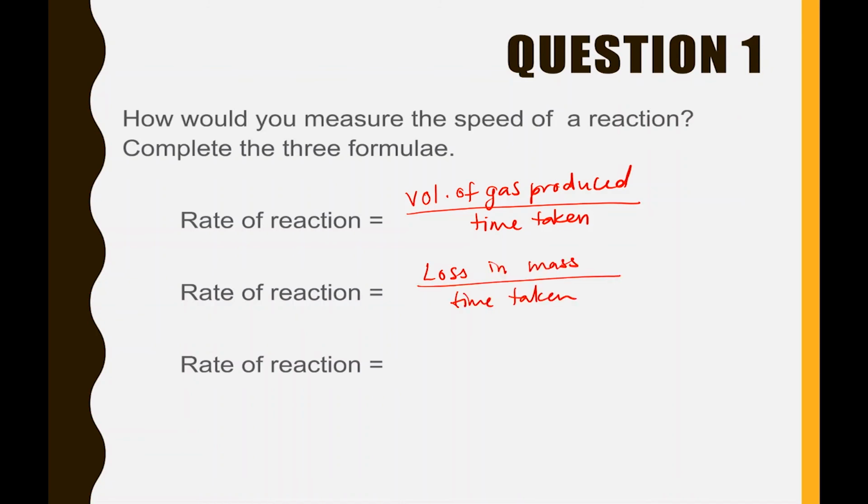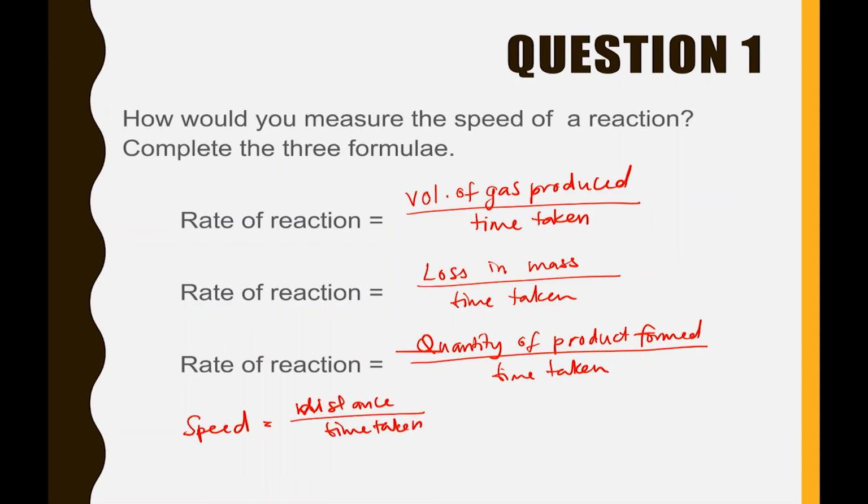And the third is to find out the quantity of product formed over time taken. So your formula follows closely how we calculate speed in maths, which is speed equals distance over time. Instead of distance, we are looking at the quantity of product produced or the loss in mass of reactant.